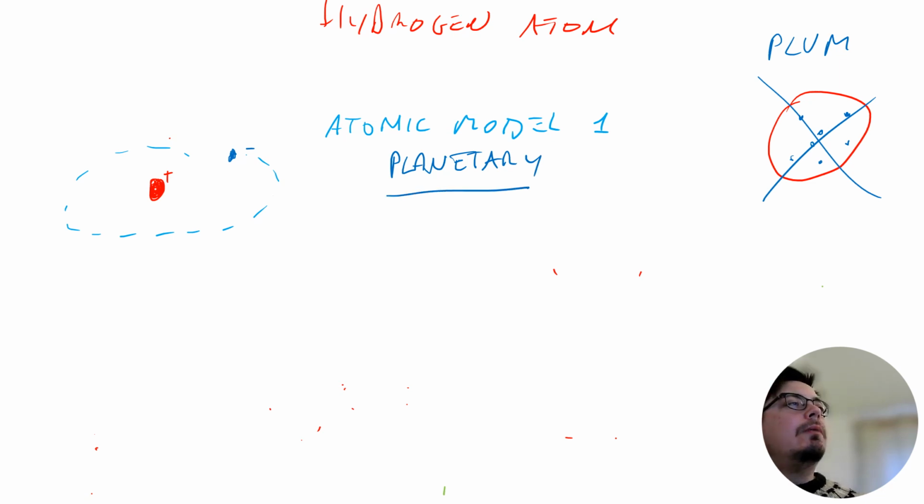And even this one was disregarded because, and this is the tricky part in special relativity that I don't want to touch, I will just give you the result as far as I remember. When an electron is moving in a circle or in an accelerated environment, it emits energy.